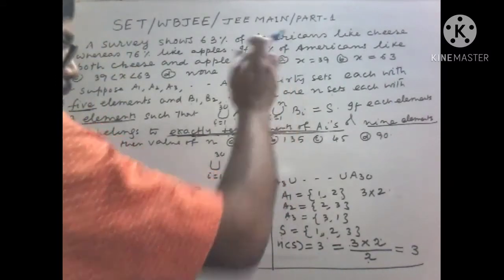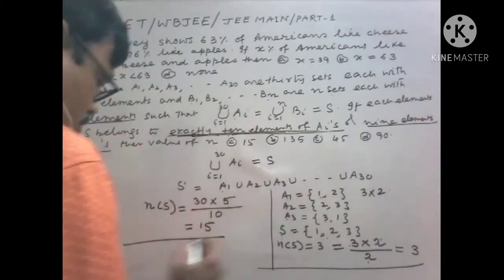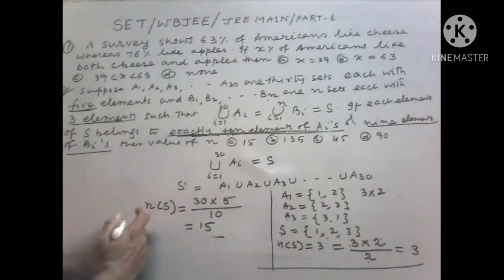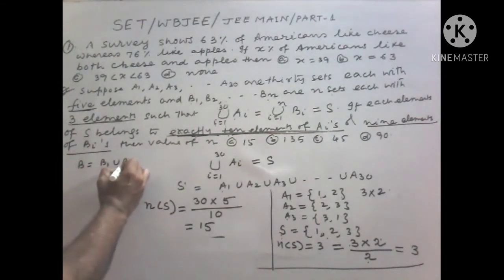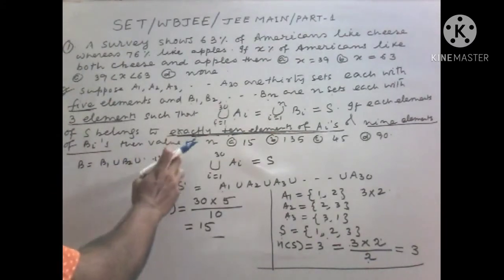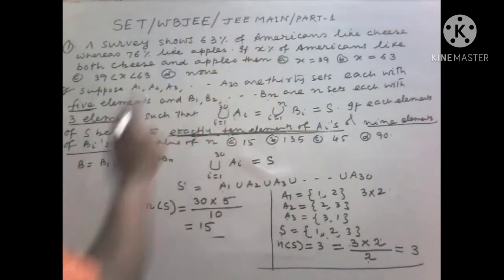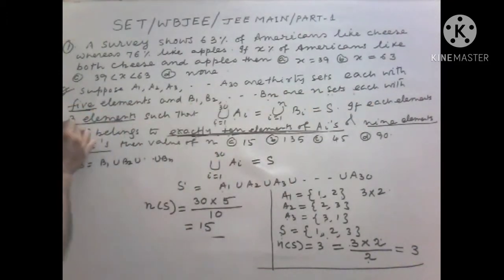Now look for B. What is it for B? B equals the union B1 union B2 union B3 union ... union Bn. So how many elements? n sets, and each set has 3 elements.